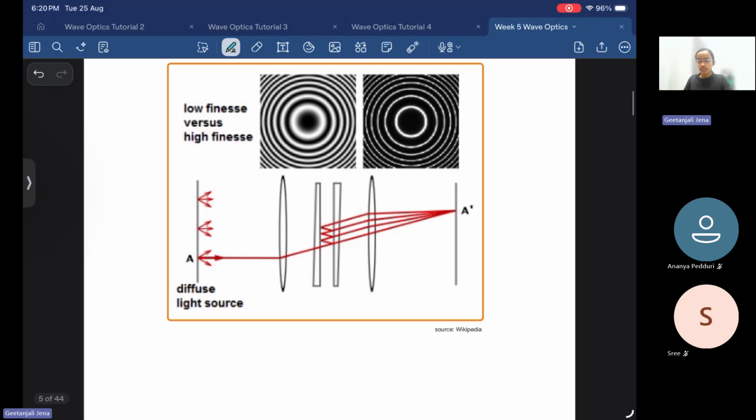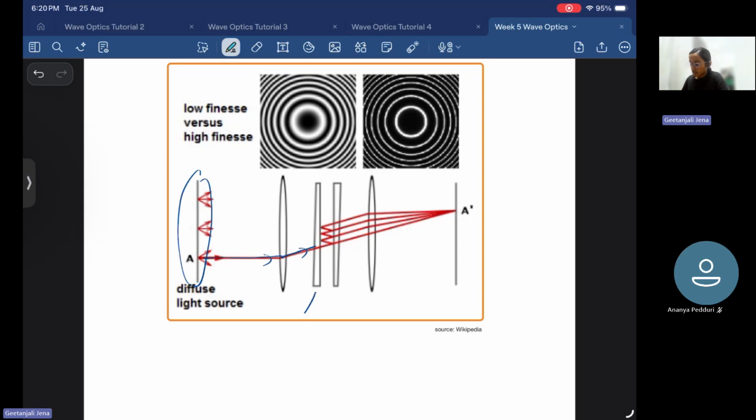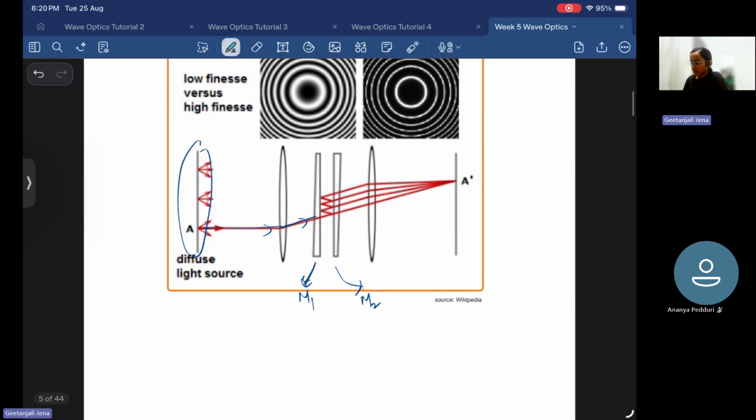In the experimental setup, we have a light source and we use a lens to direct this light towards a two-mirror arrangement, M1 and M2. M1 is perfectly reflecting, experimentally, and M2 is partially reflecting.